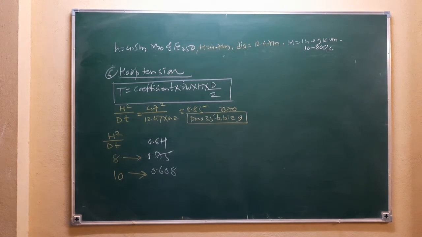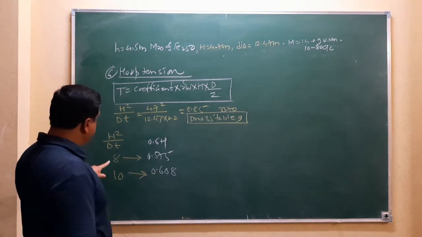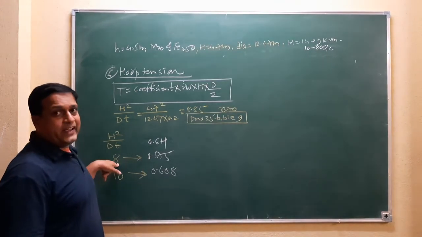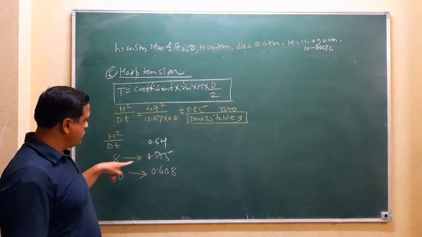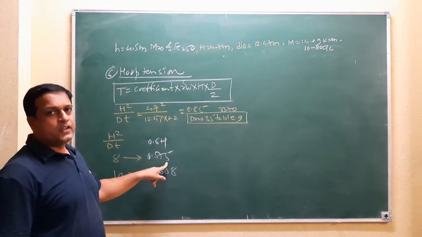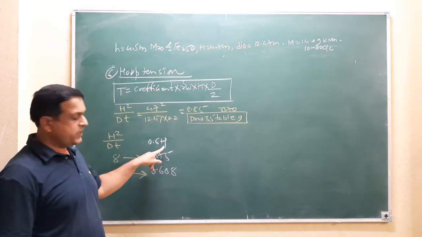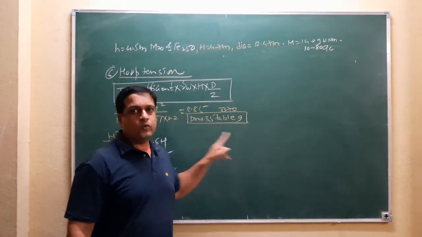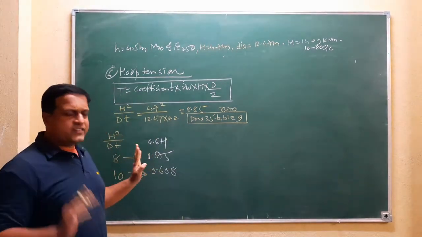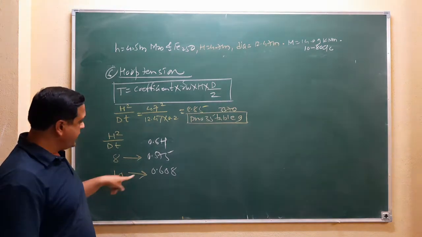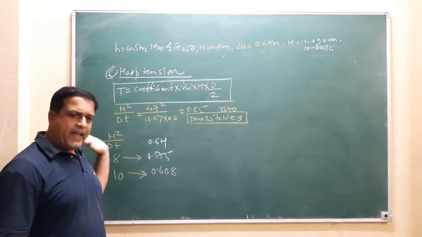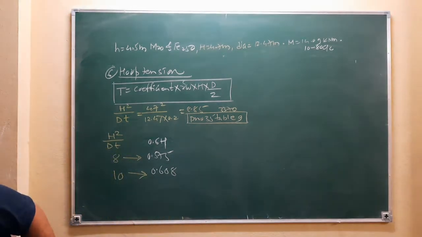Yes, I have checked. H square upon D into T ratio for 8, the maximum is 0.575 at 0.6 H. And you have to check the maximum value from that row. Neglect the sign. And for 10 it is 0.608 at same height. Now you have to interpolate.